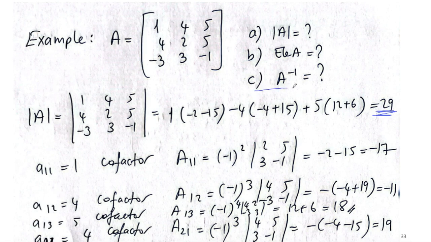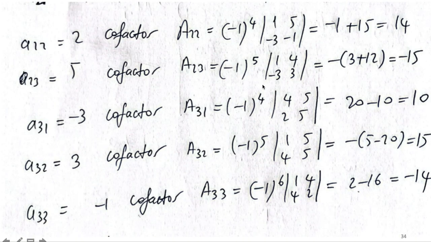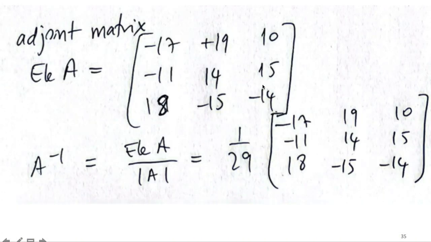So the last step here is simply, from the second step, we divide every element by 29, and we will get the inverse matrix. So as you see, once we complete this calculation of the adjoint matrix A, in the last step, we just need to divide these elements by 29.